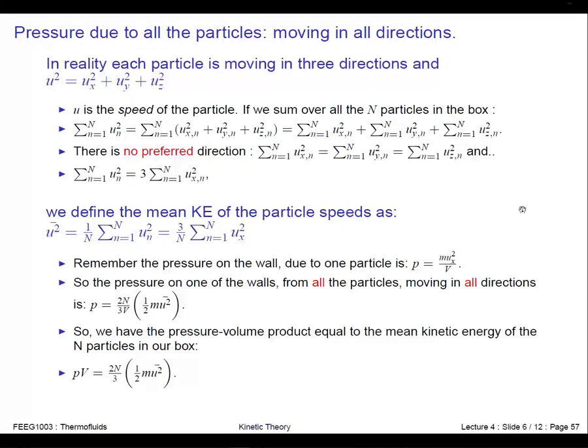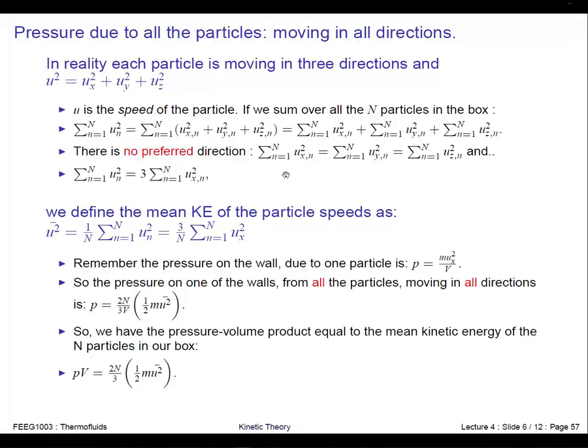And then we say, well, this is a cubical box, and it doesn't matter which direction we look at it. It doesn't matter whether we're working out the pressure on the x or the y or the z coordinate. The pressure is always going to be the same. So that must mean that the sum of all of the x squared components over all of the particles must be the same as the sum of all the y squared components, all the particles, and so on.